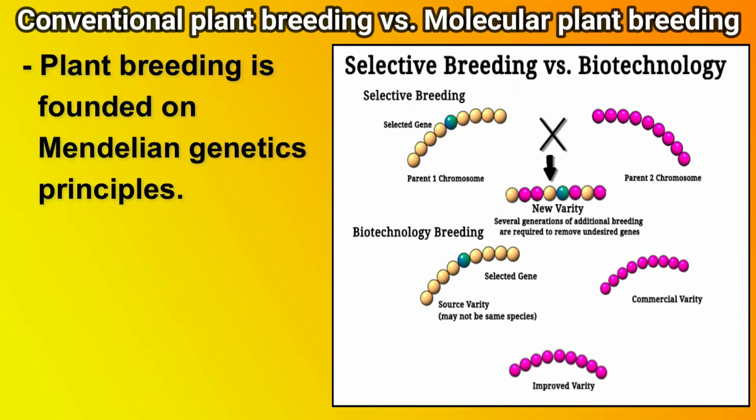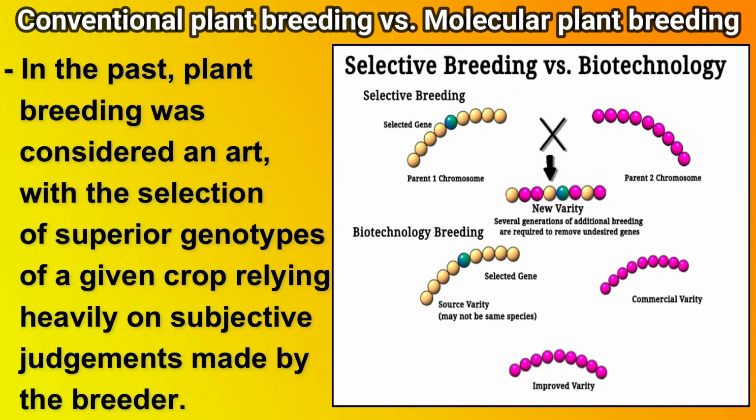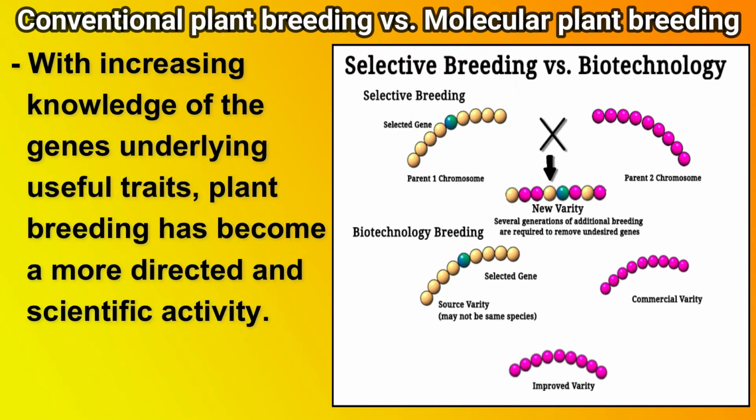So the difference between conventional plant breeding versus molecular plant breeding is that plant breeding is founded on Mendelian genetics principles. In the past, plant breeding was considered an art, with the selection of superior genotypes of a given crop relying heavily on subjective judgments made by the breeder. With increasing knowledge of the genes underlying useful traits, plant breeding has become a more directed and scientific activity.